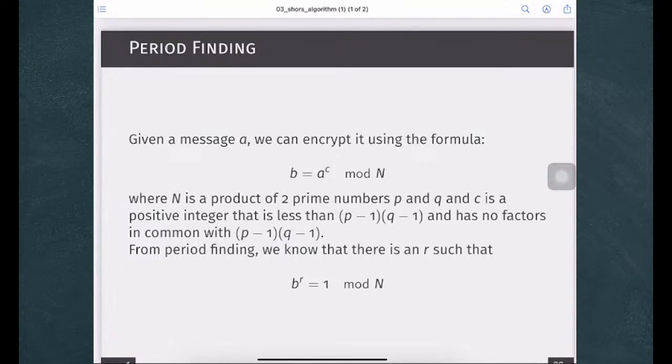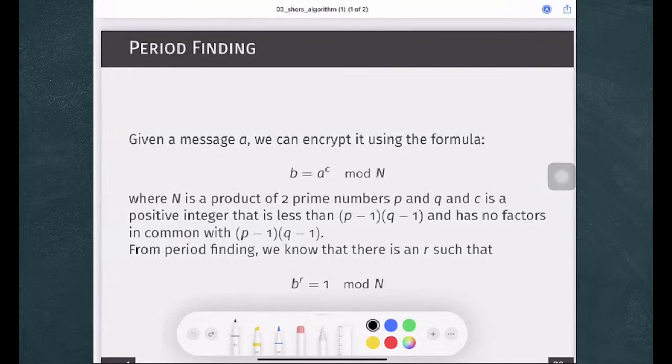What Eve will do is to find a number called the period, represented by R. R is defined to be that number which, when you raise B, the ciphertext, to the power R and get the remainder modulo N, the remainder is 1. Once you get that, then it's already very easy to decrypt.